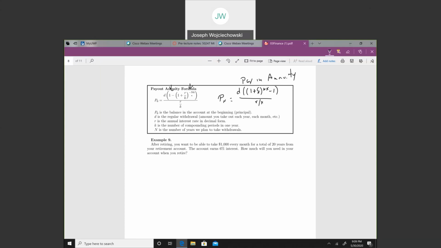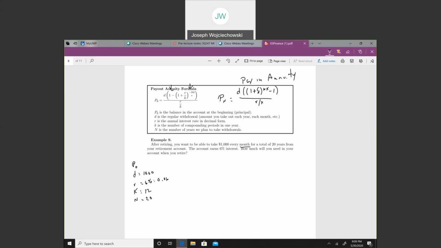So let's write down our variables: D, R, K, N. D is 1,000, N is 20. R is 6%, which is 0.06. And K is 12 since it's monthly.